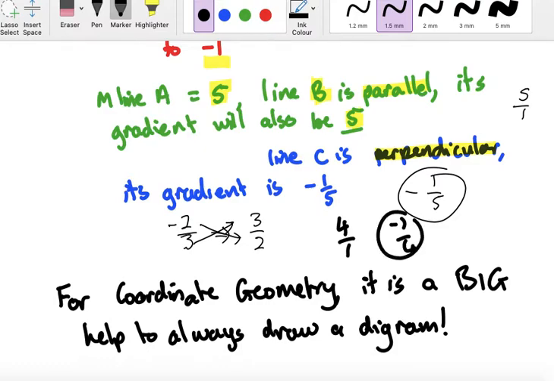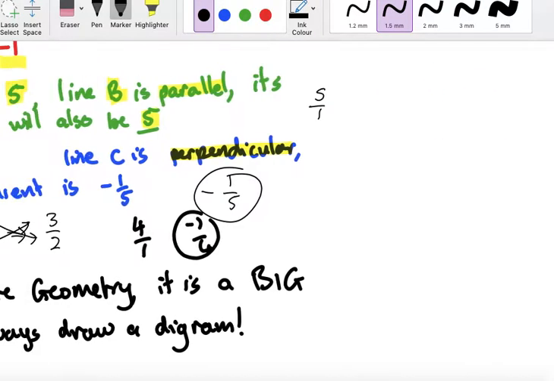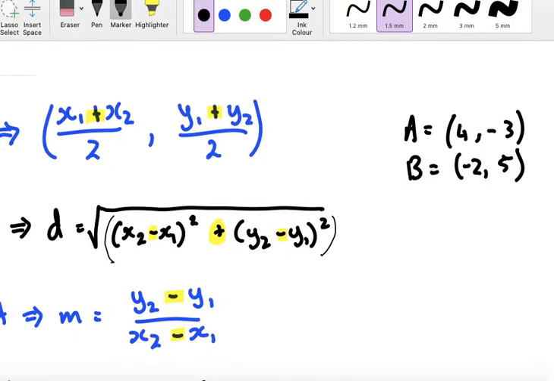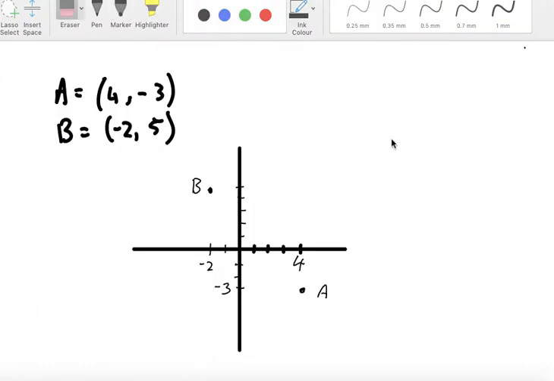So those are reciprocals. I'm going to go through this with a quick example. If we've got points A equals (4, -3) and B equals (-2, 5), we want to draw a quick diagram, so I'm going to do that first. So here's my diagram with A and B put on it.